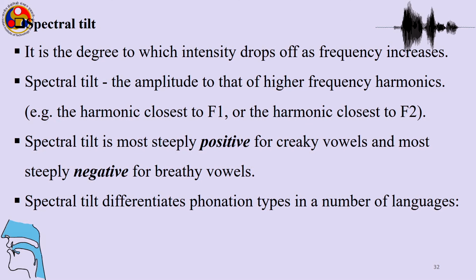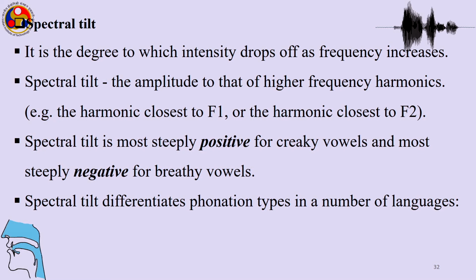Another important property we talk about when we talk about phonation is what is known as spectral tilt. Spectral tilt is the degree to which intensity drops off as frequency increases. How do we quantify spectral tilt? We calculate the relative amplitude and compare it with that of higher frequency harmonics.